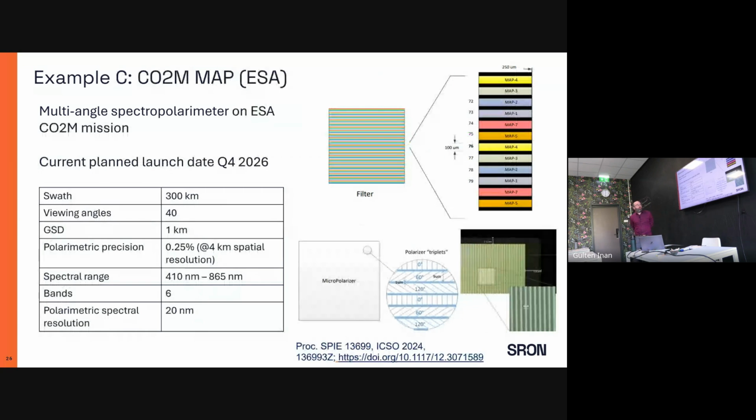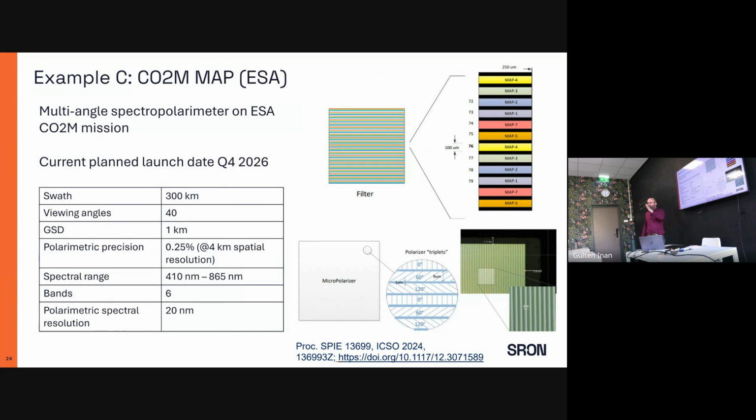And then you have CO2M MAP, for the upcoming CO2M mission from the European Space Agency, also a multi-angle polarimeter. It works very similarly to the bandpass imagers, but it adds polarization filters on the detector. In this little insert you see small polarization filters.